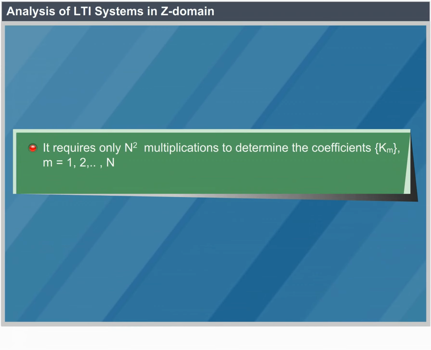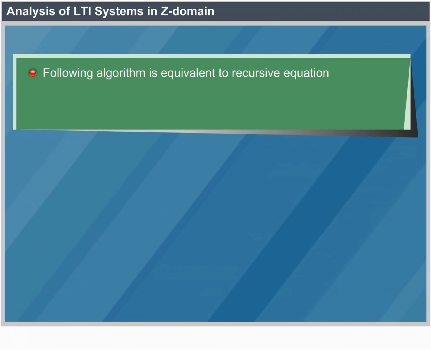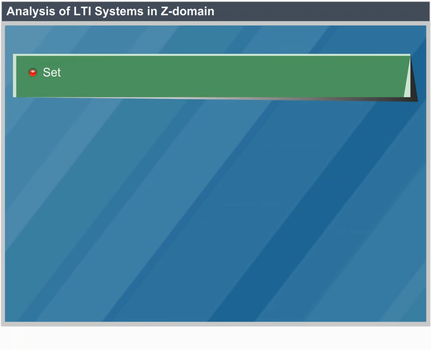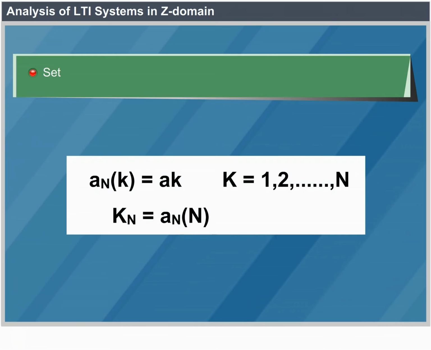etc. N. The following algorithm is equivalent to the recursive equation A_(m-1)(z) equal to [A_m(z) minus K_m B_m(z)] divided by [1 minus K_m square]. Set A_N(k) equal to A(k), where k equal to 1 to N, and K_N equal to A_N(N).